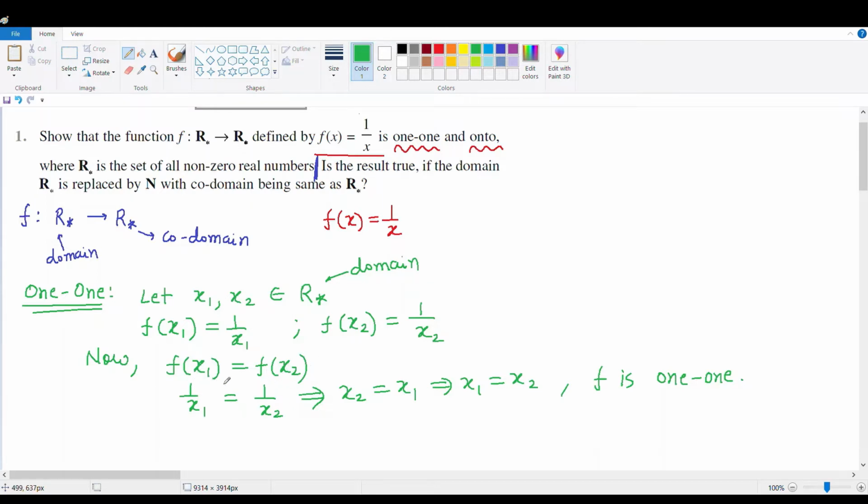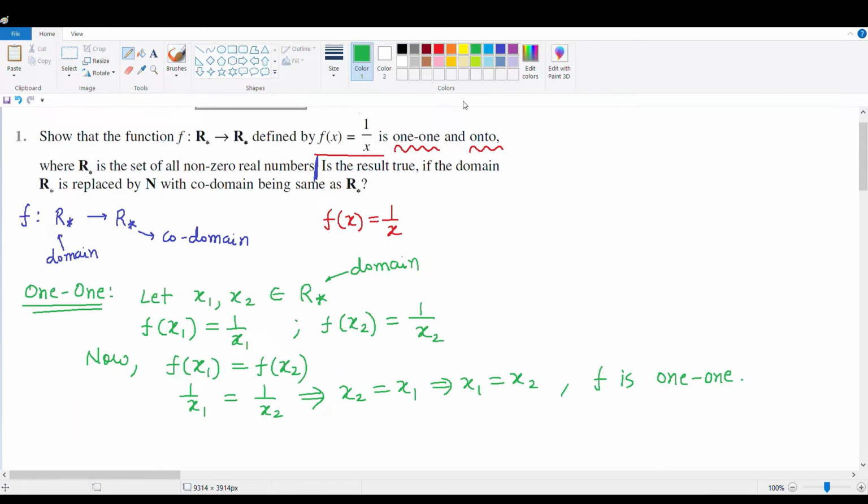When you assume that both outputs are the same, and you end up getting that the outputs are the same only when x1 and x2 were actually the same values, that means every input has a distinct output, or the other way around, every element in your codomain has a distinct pre-image in your domain. That means that the function is 1-1 because one element is connected to only one element, or the other way around, one element in the codomain is also connected to only one element in the domain. So just 1 to 1. That's why the name is f is 1-1.